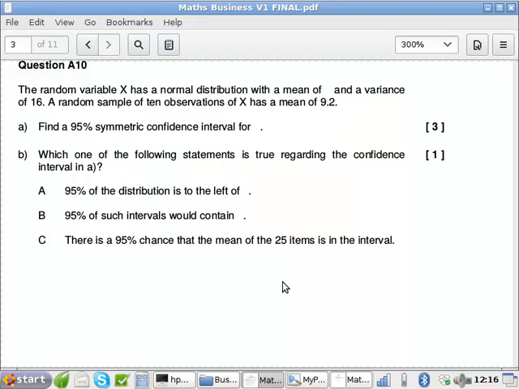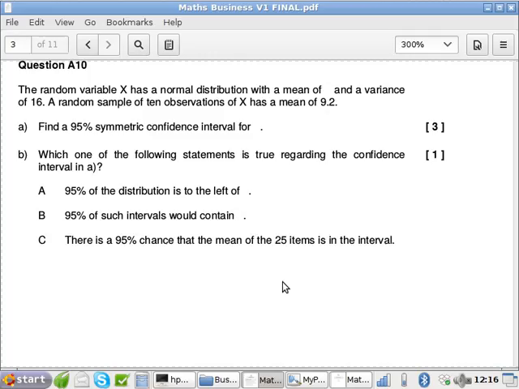Try it, Harry. You have, let's see, the variance and the mean is there, 9.2. Let's see how much you remember. If you need to open up your notebook, this is on page 52.